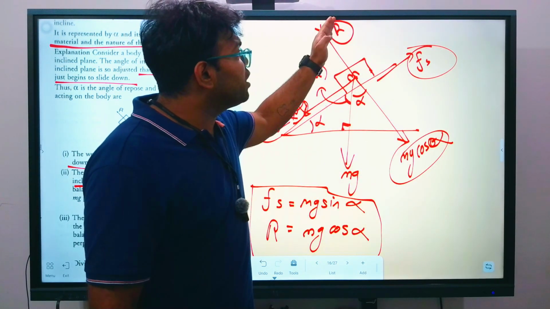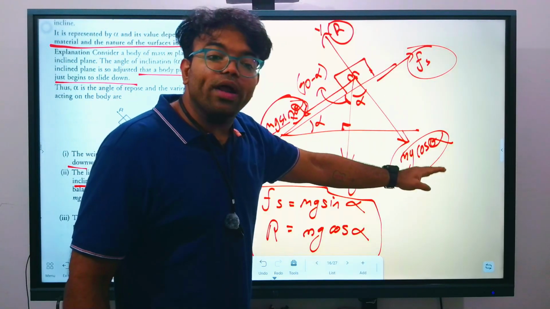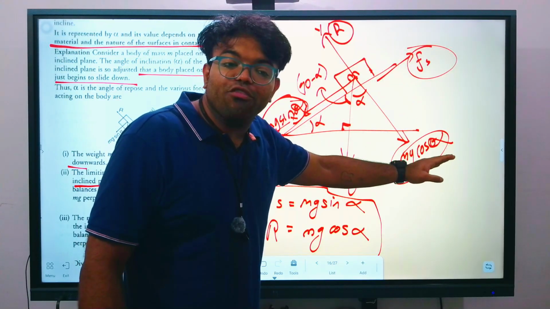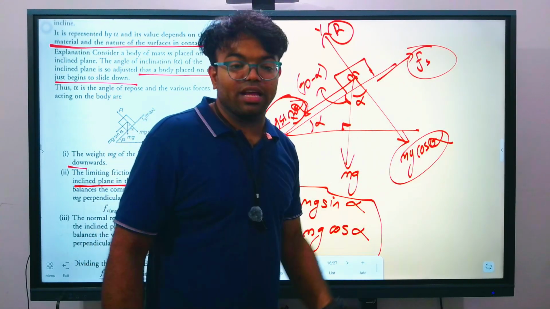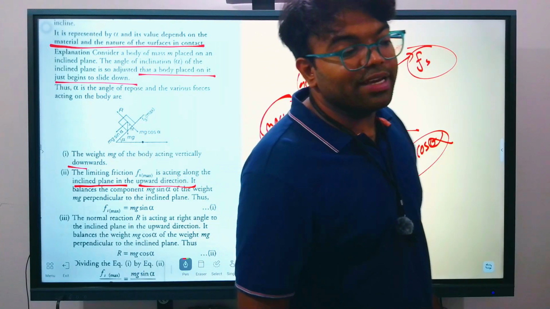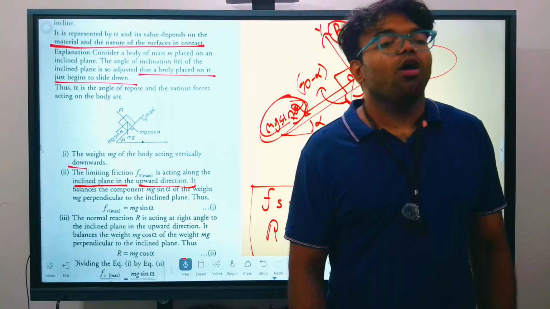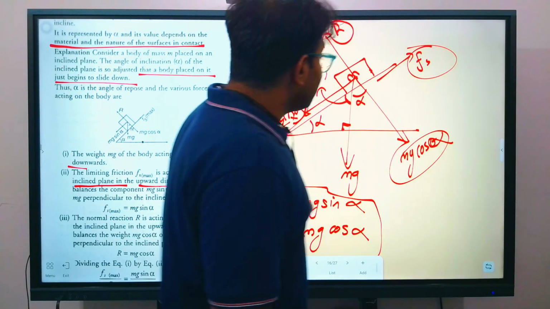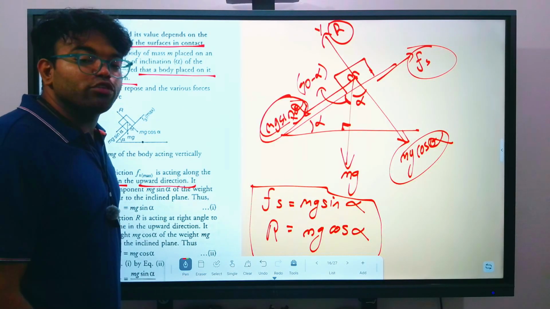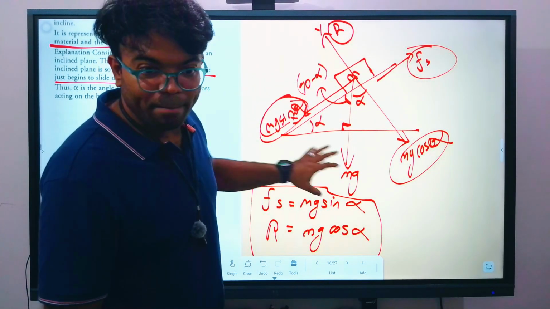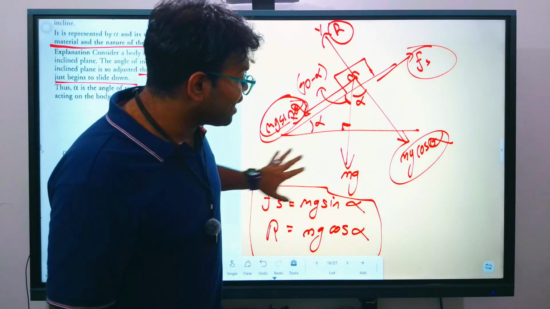Similarly, the reactionary force is balanced by the perpendicular component of the weight, called mg cos alpha. One thing you have to remember is that cos and sine do not always have to be with horizontal and vertical. Depending on the angle, you have to choose cos and sine. Understood? Did you understand the diagram? Did you understand the relation?